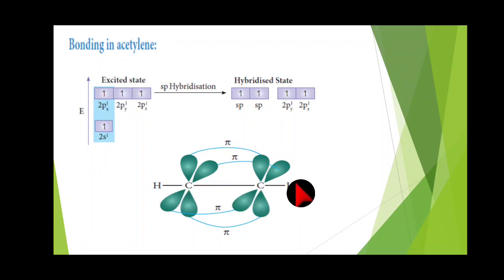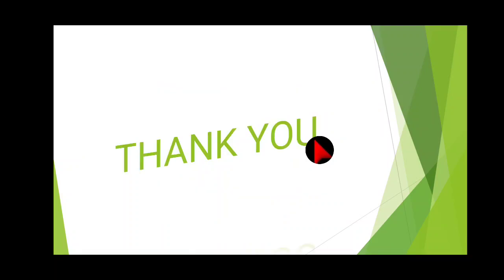So 3 sigma bonds and 2 pi bonds. So when we consider each carbon, it has 2 sigma bonds and 2 pi bonds. Thank you.